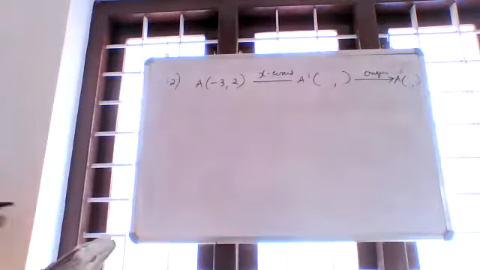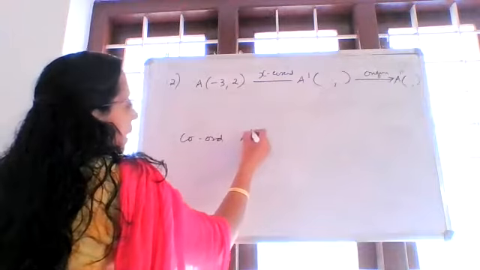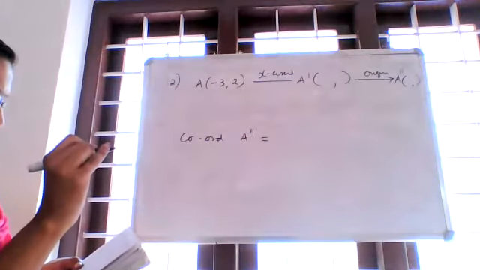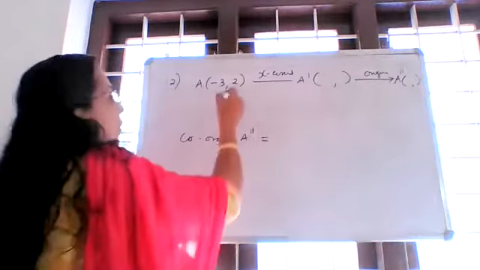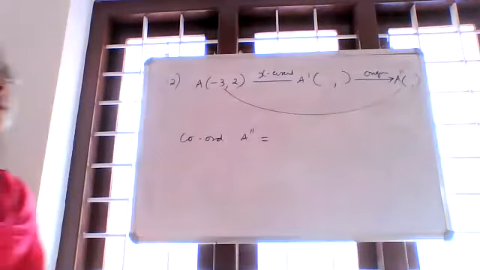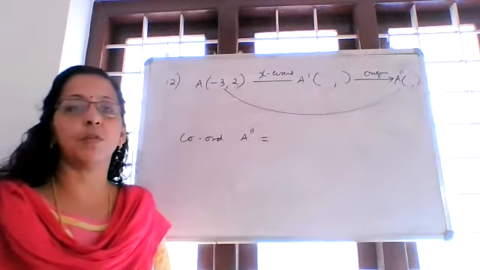Write down the coordinates of A double dash. Then write down the single transformation that maps A onto A double dash. So what transformation are we getting, whether in x-axis, y-axis or origin?